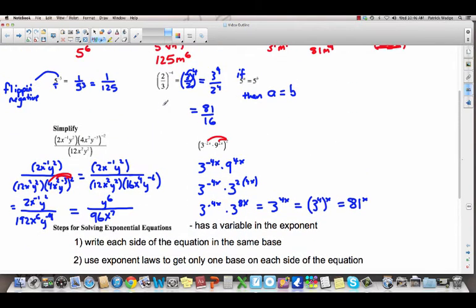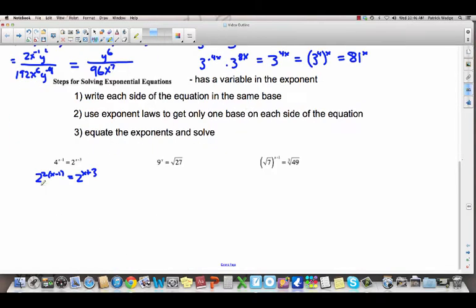And this is exactly why we taught this rule right here. If you have 2 powers that have the same base, then their exponents must be equal to each other. So in this case, we have 2 powers with the same base. What that tells us is that the exponent 2 times x minus 1 must be equal to this exponent, x plus 3.